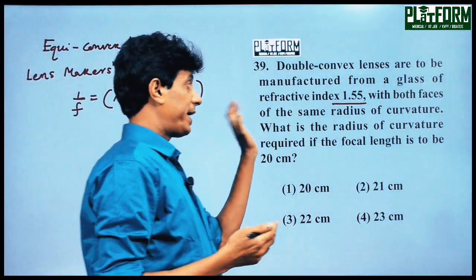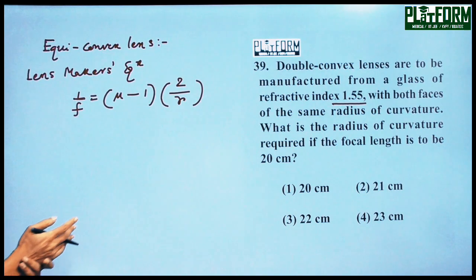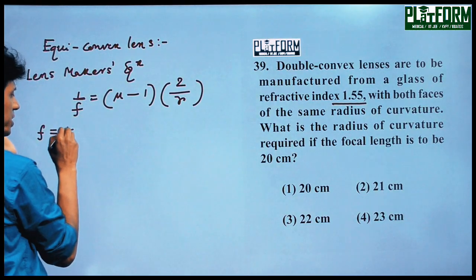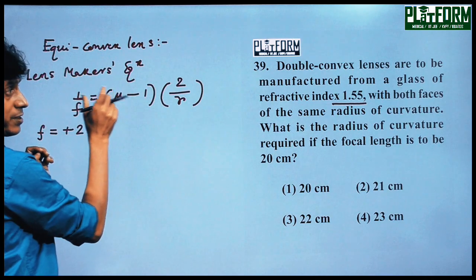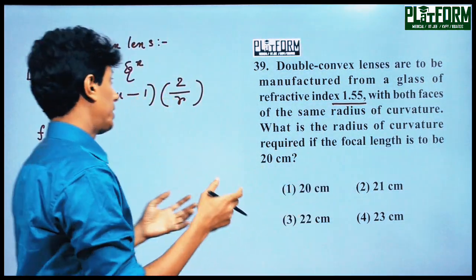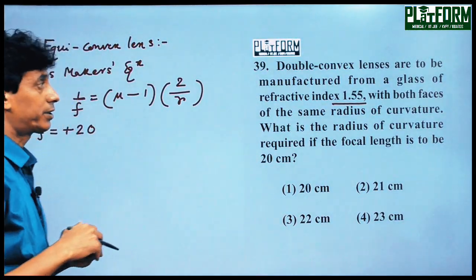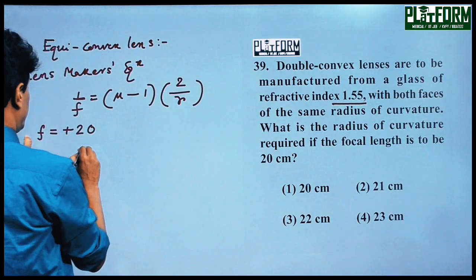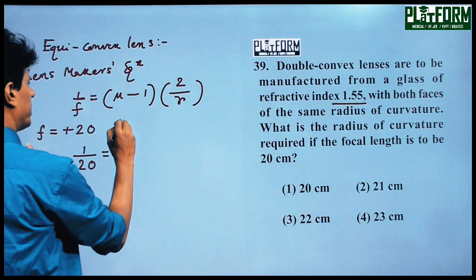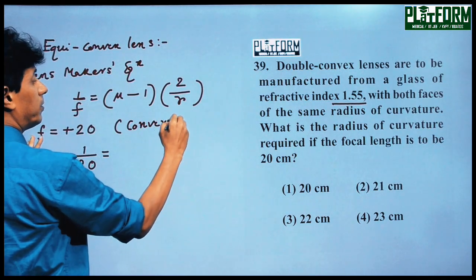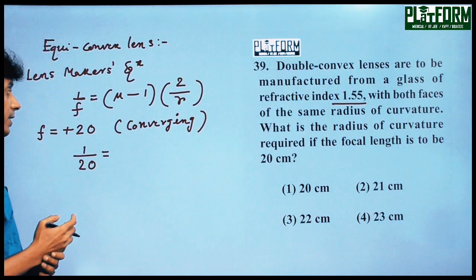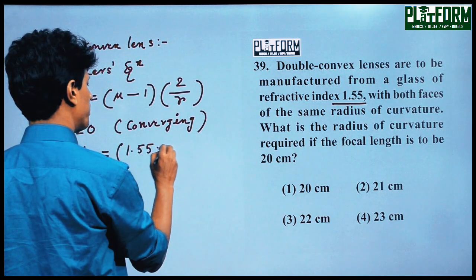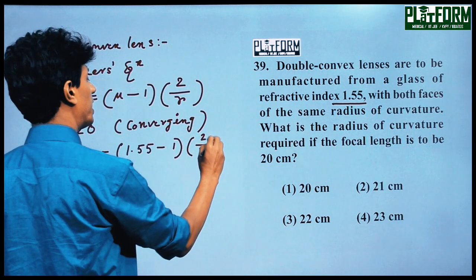By default we have to take the lens as immersed in air. So this part is positive and this part is positive, so focal length here is also positive. When a lens is placed in air, by default the convex lens is converging in nature. So focal length here is 1 by 20, and the refractive index given is 1.55 minus 1, times 2 by r.